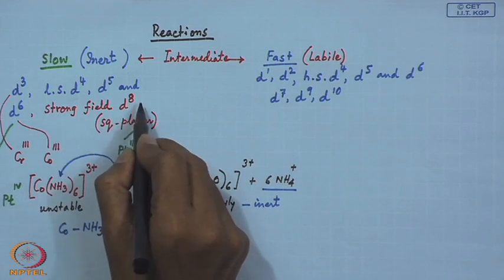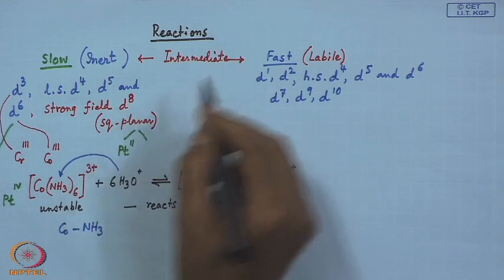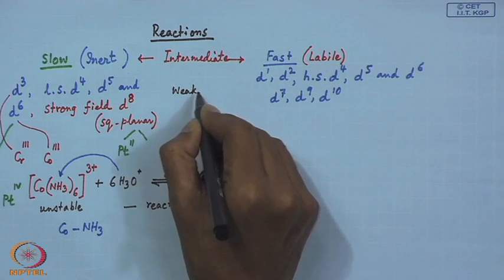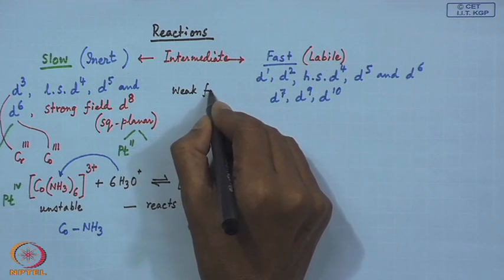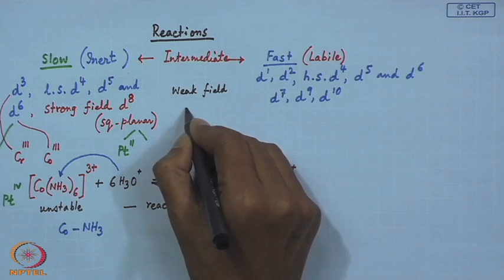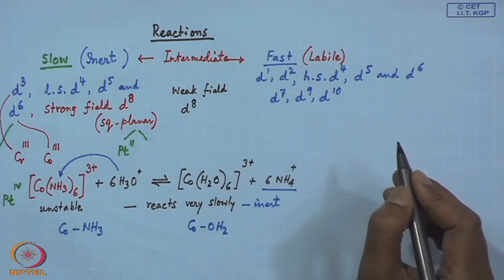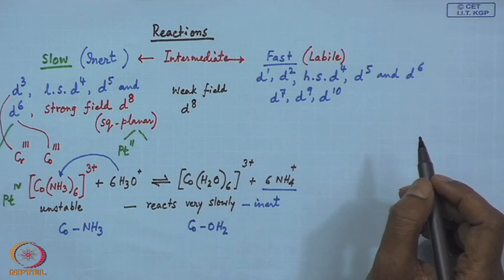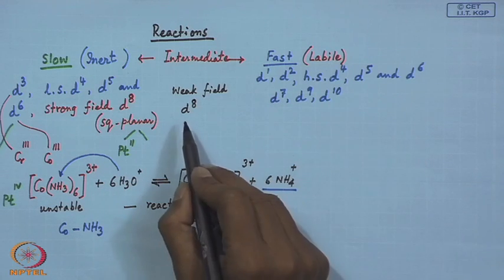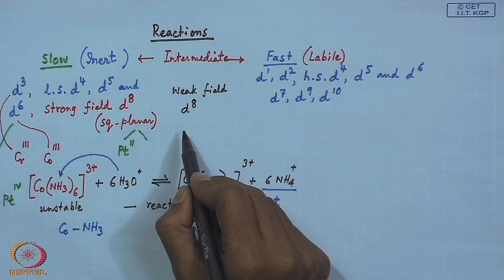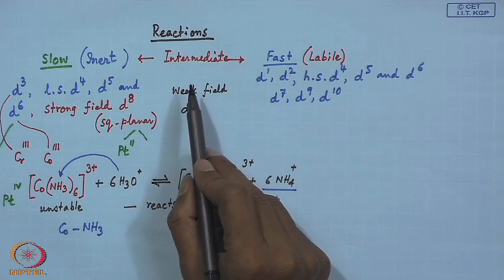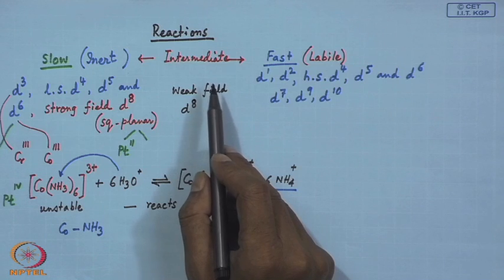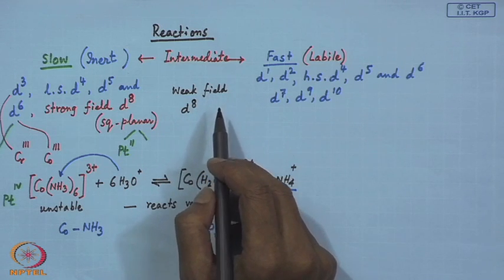We have already considered the strong field d8 system, but in this case we have the weak field d8 system such as nickel(II). Nickel(II) in tetrahedral geometry is a weak field d8 system, and that gives rise to an intermediate reaction rate for its ligand substitution reactions.